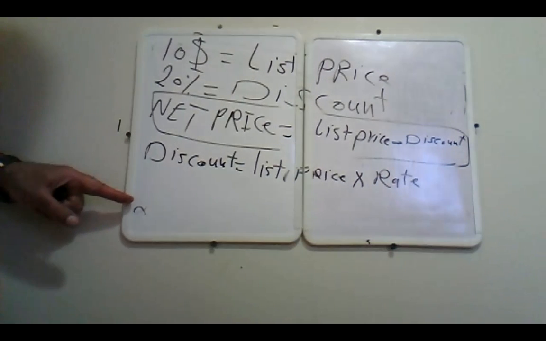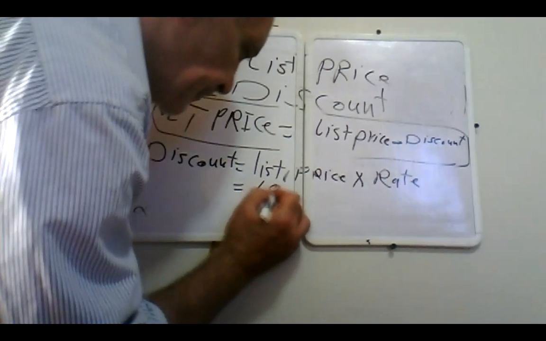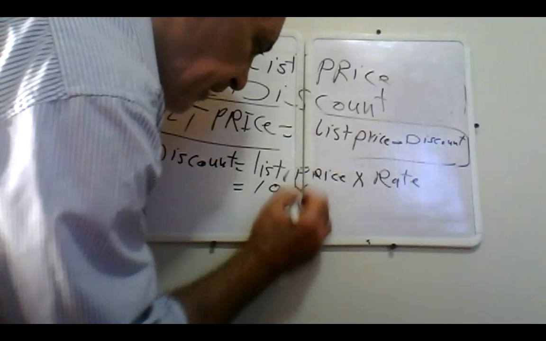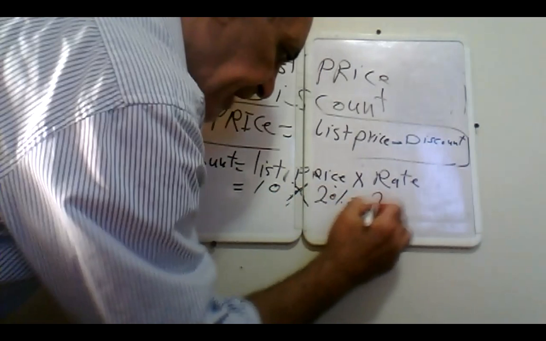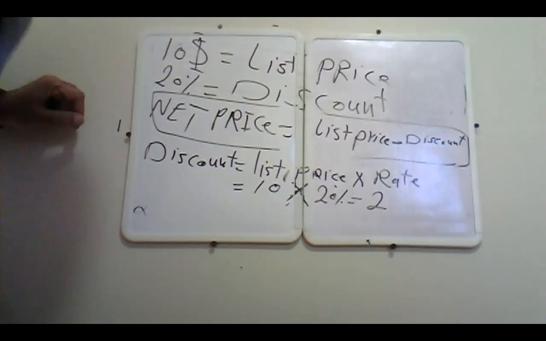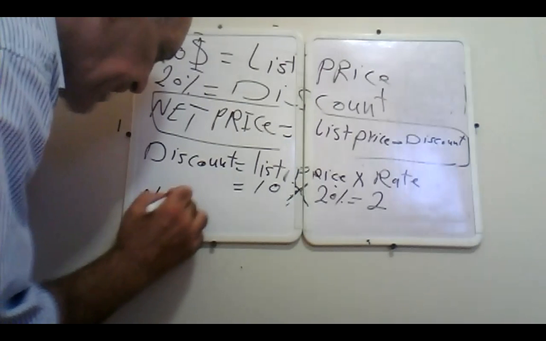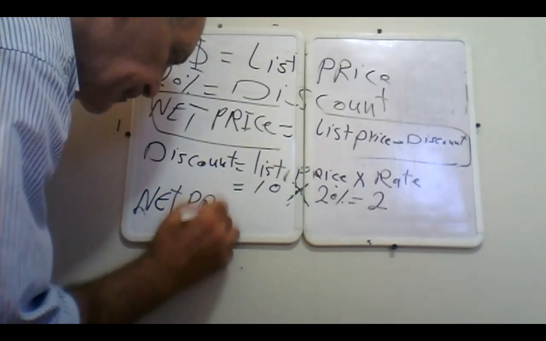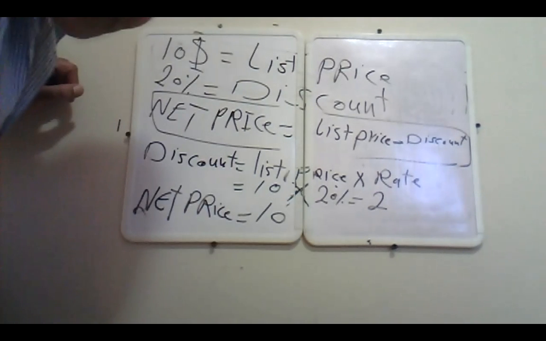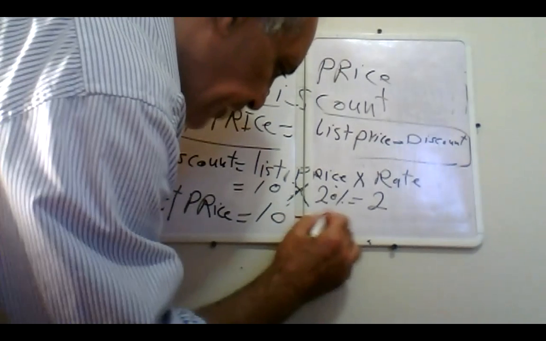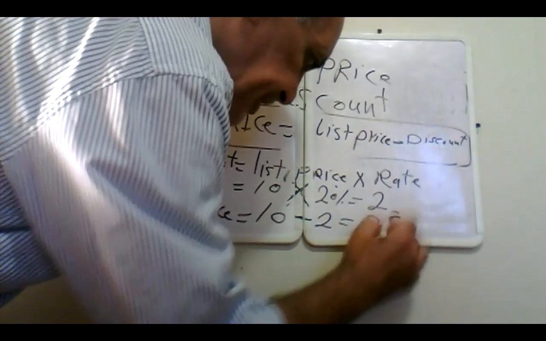So the discount will equal $10 multiplied by 20%, then the discount will be $2. Then the net price will equal the $10 minus the $2 discount, then it will equal $8. And that's it.